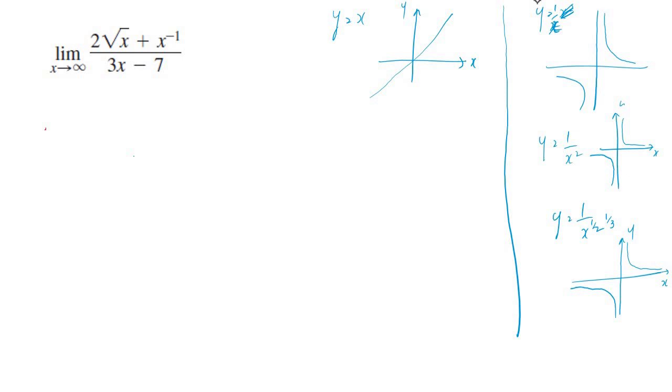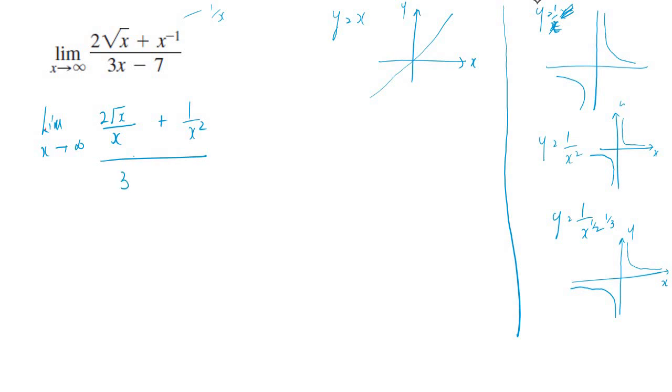So let's look at this function, and we will divide it by the highest power of x. Here the highest power of x is x by itself. So we take the limit as x tends to infinity, dividing the numerator and the denominator by x, so we get 2 square root of x over x. And here, when you divide by another x, we get x squared.